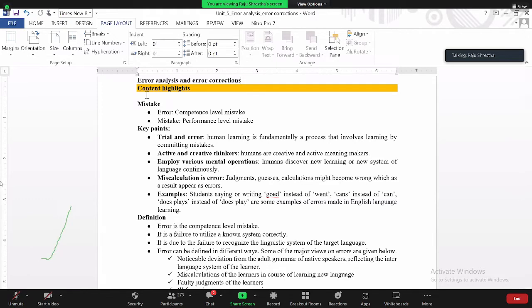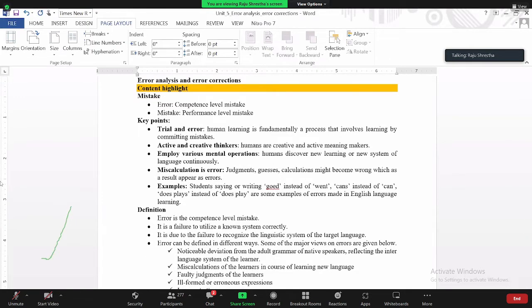From the classroom perspective, what we have to understand is what exactly an error is, and then how we respond to or correct errors of the learners in the English classroom. First, mistake is a very broad concept and can be divided into two types: competence level mistake and performance level mistake.